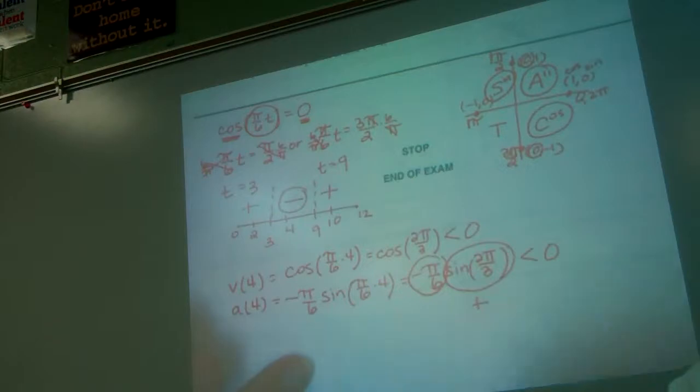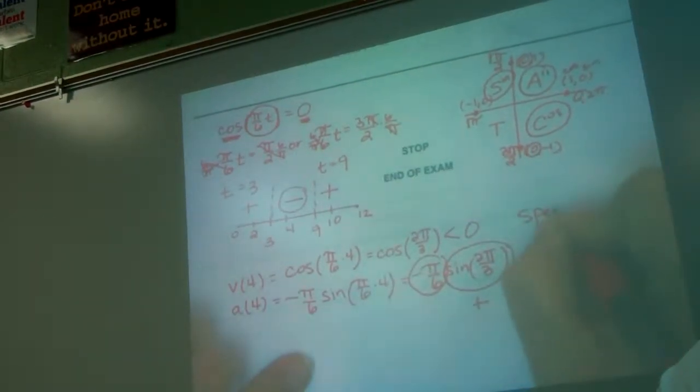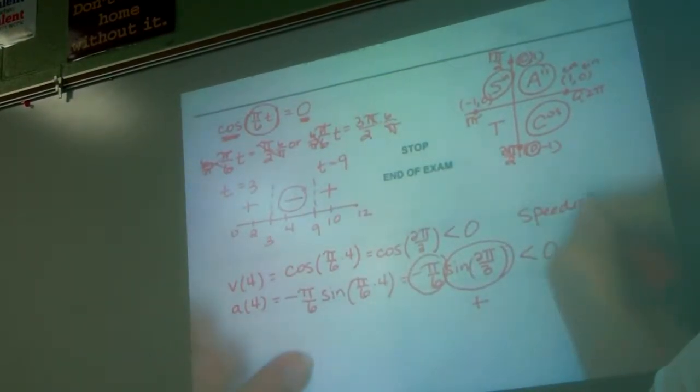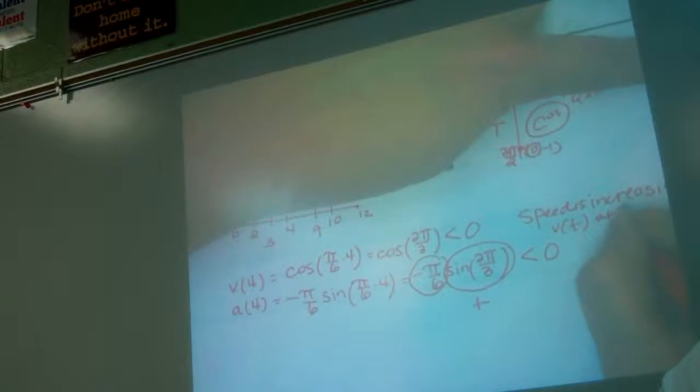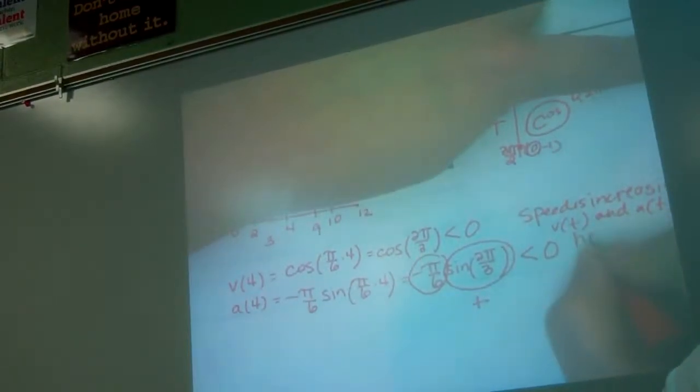So since they're both negative, speed is increasing because velocity and acceleration have the same signs.